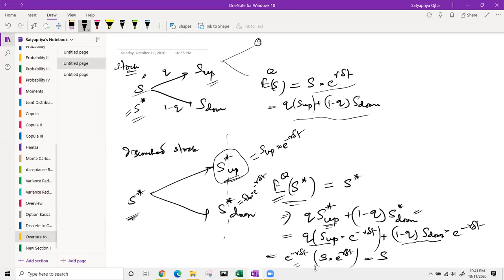So if there is any more question, let me know. It's straightforward, from a layman's point of view, right? Expected stock price in future, under Q, would be growing at the risk-free rate. So if I discount the whole process using the risk-free rate, should there be any growth?